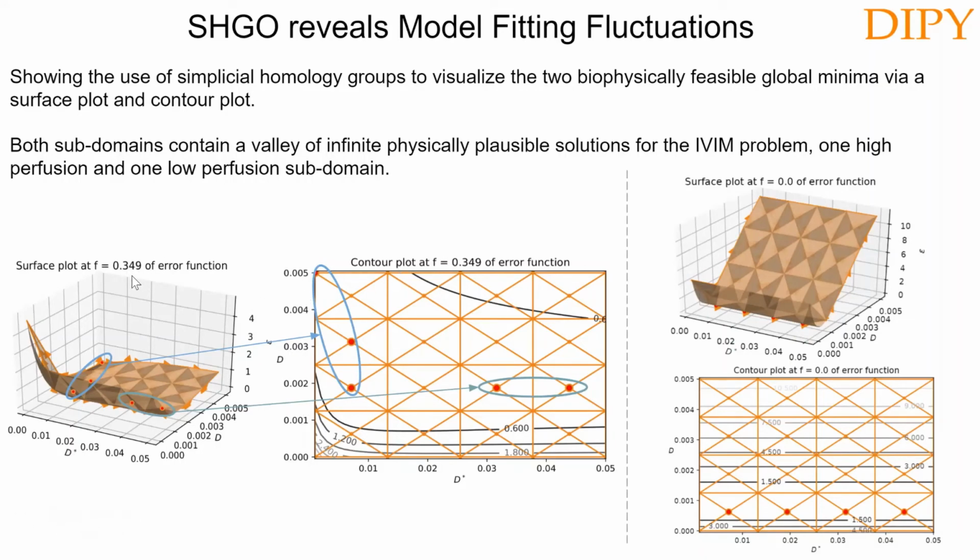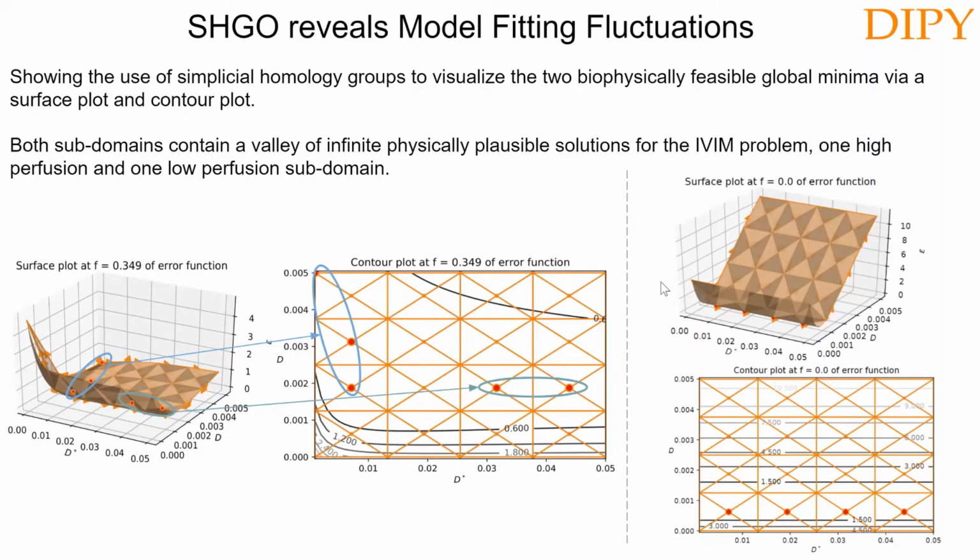And this is the value at which, for instance, at D star 0.35 and D 0.3, the model cannot distinguish between D star and D. And the same goes over here when D is 0.002 and D star is set to 0, then your model has an infinite number of solutions.